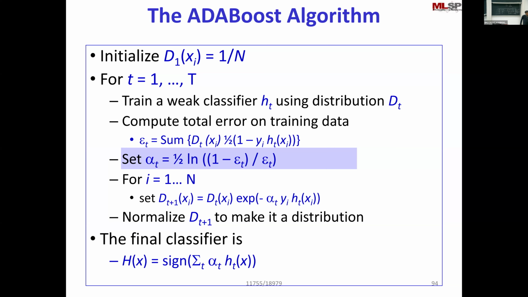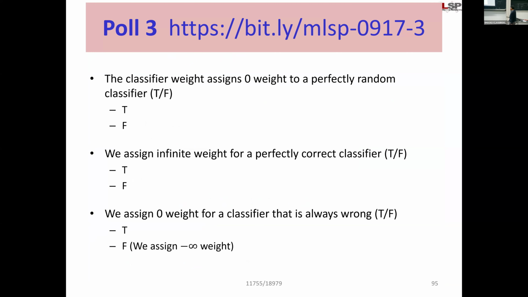And then you can see that it's half of log of 1 minus epsilon over epsilon. It's not hard to figure out where that formula comes from. It's hard to figure out where the half comes from, some constant, but within that constant, the rest of it is fairly intuitive and straightforward. That makes sense to everybody? And so that's basically what we will do. We're going to assign alpha equals... okay, go ahead.